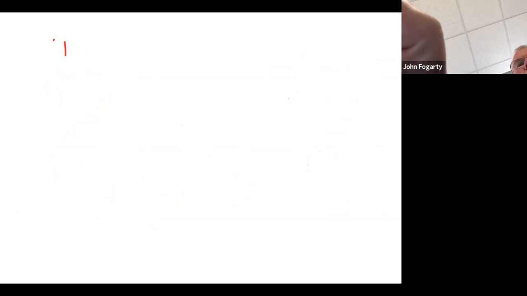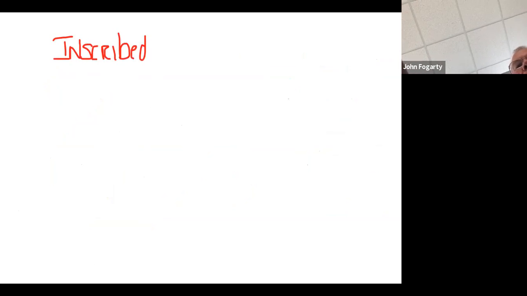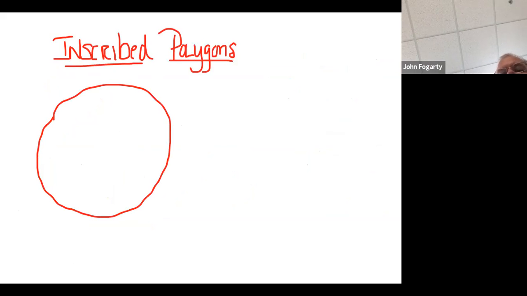Now, today what we're going to talk about is just two little rules when we have what we call inscribed polygons. All right? An inscribed polygon is any polygon whose vertices are points on the circle.